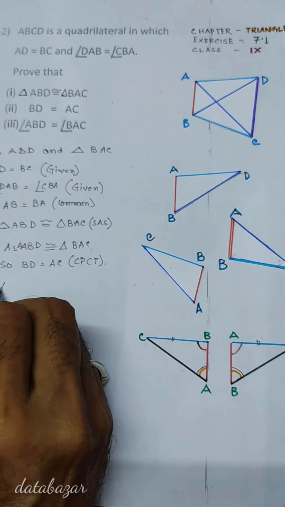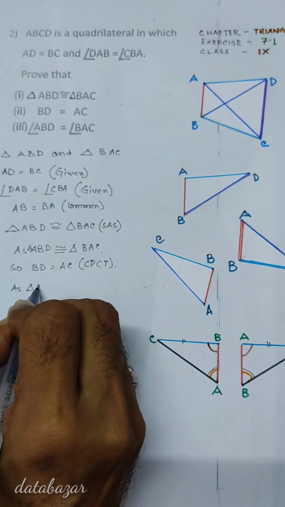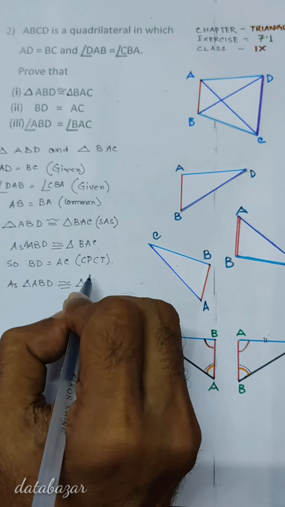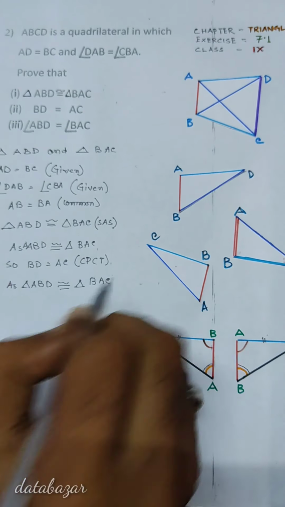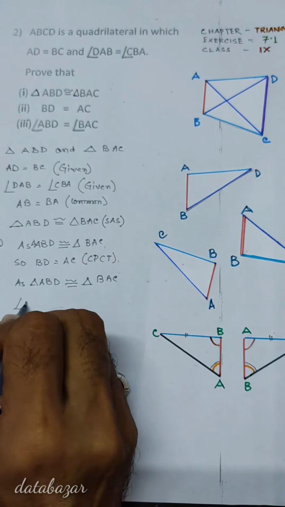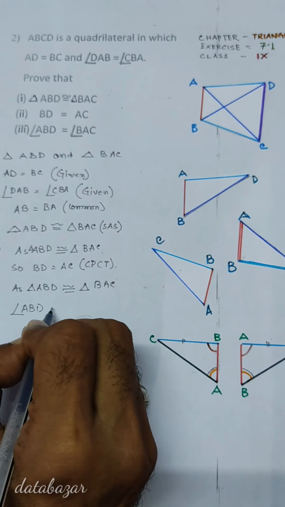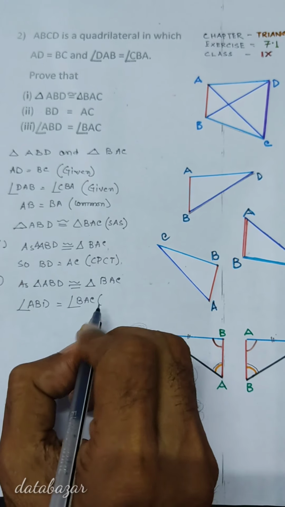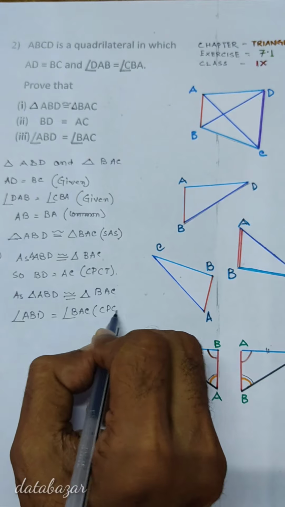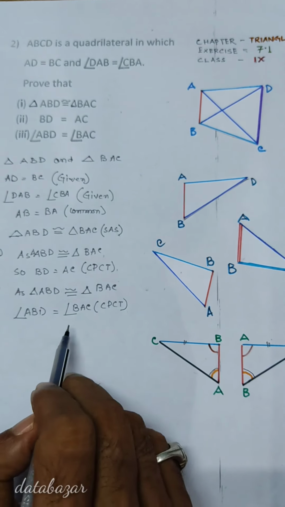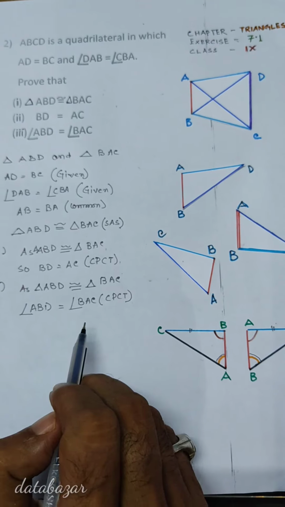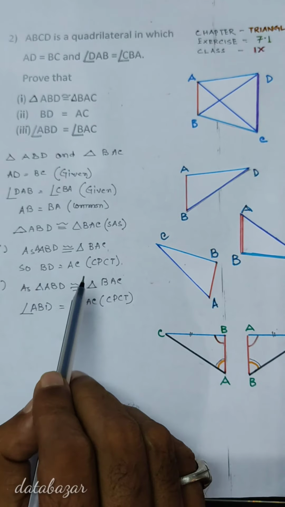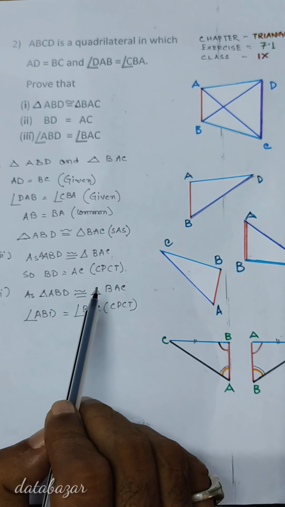So again we can write, triangle ABD is congruent to triangle BAC, angle ABD is equal to angle BAC, and the reason we can give is CPCT. So the third part is over, and in this way we have completed the total problem.